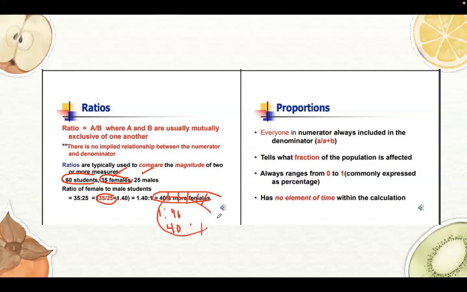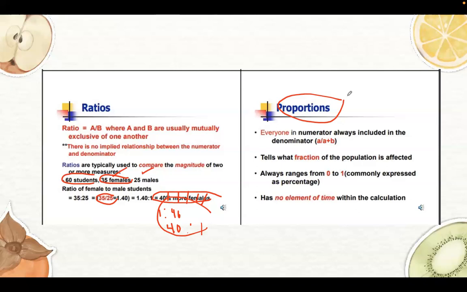Ma'am, saan po applicable yung final answer na percentage? Always po yun, almost always sa mga proportions. Proportions is different from your ratios because everyone in the numerator is always part in the denominator. Your numerator was derived from your denominator. Yun naman po yung proportion. It tells what fraction of the population is affected.